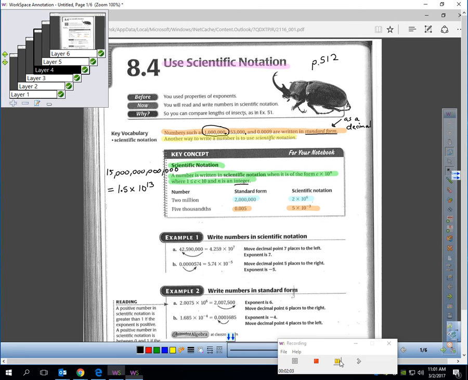A better example might be a super long, tiny number like this, which I could write in scientific notation much easier as 8 times 10 to the -15. So when you get long numbers that are either super large or super tiny, scientific notation is a great way to write these in a much quicker way.